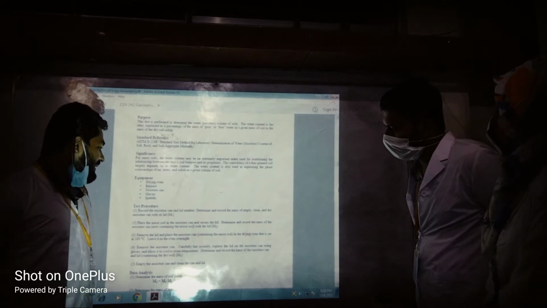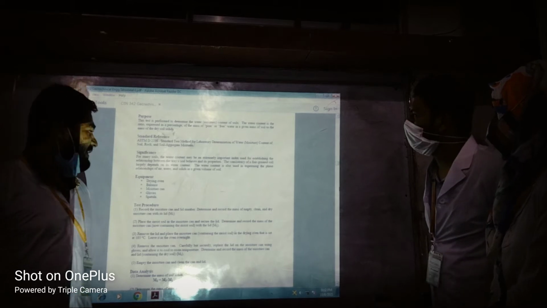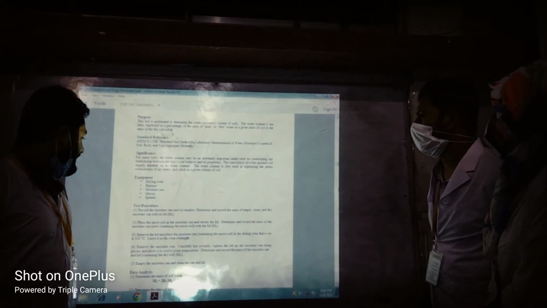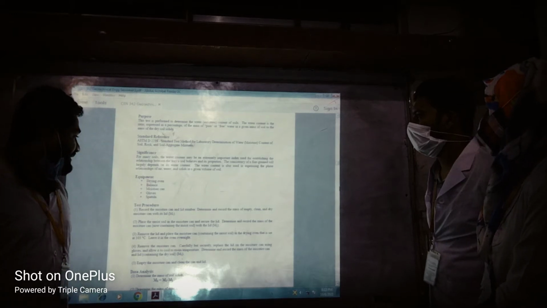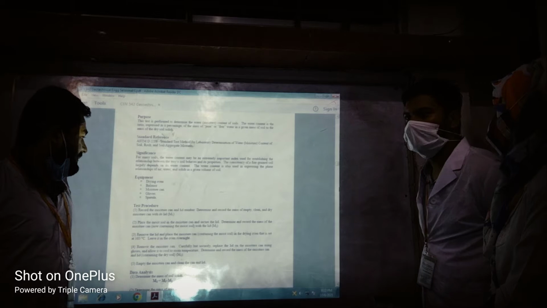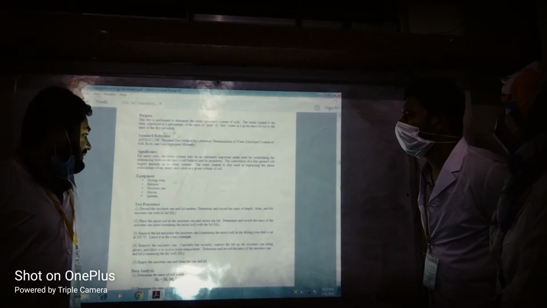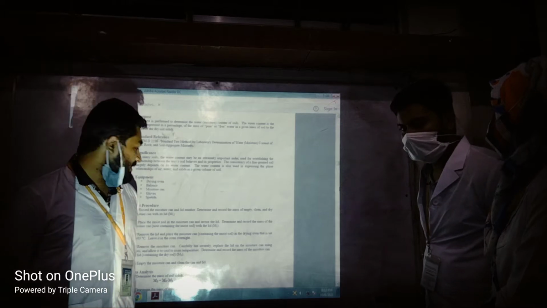Record the moisture can and lid number, determine and record the mass of the empty, clean and dry moisture can with its lid. It means we take the lid and can, and it will be empty, clean and dry. Number 2.